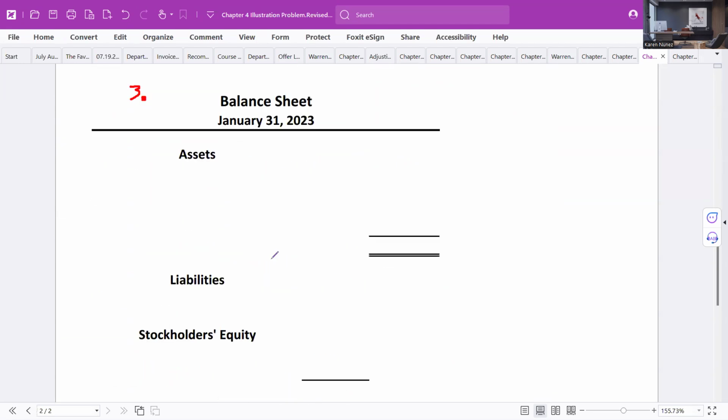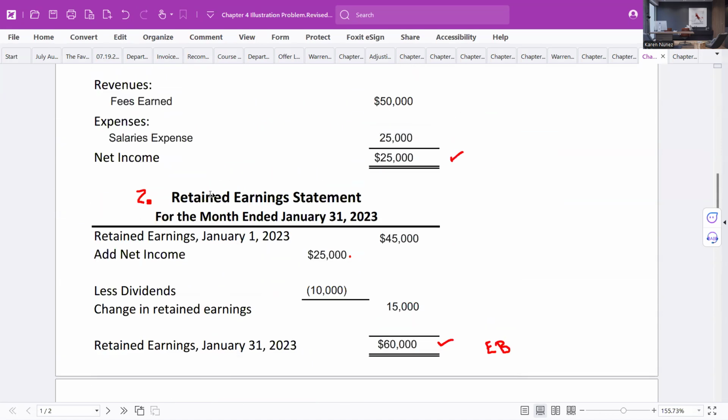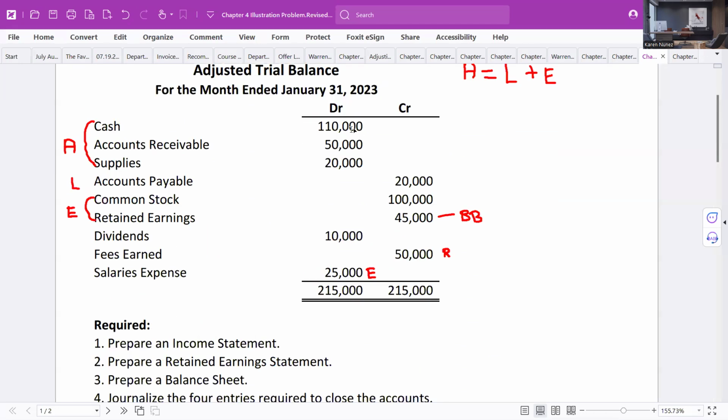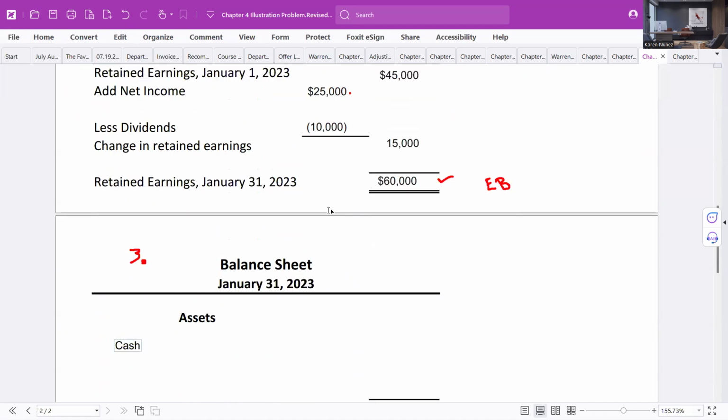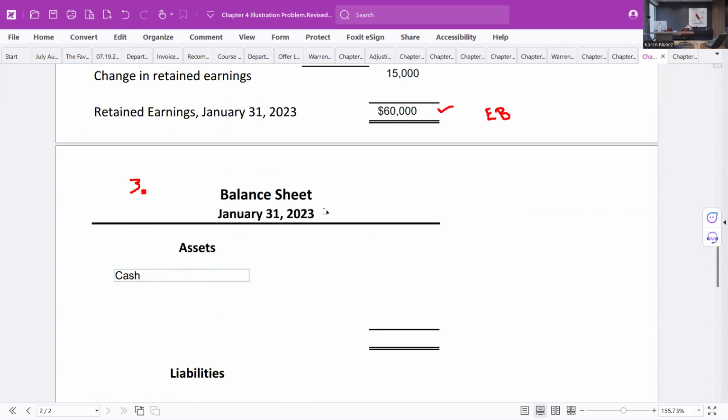So on this balance sheet, let me see if I can complete this. In the asset section, we're going to need cash. And the cash is, let's see, 110,000. And then we need the receivables and the supplies. And I'm going to try to remember what those amounts are so that I can type them in without having to scroll back up. So we've got cash of 110,000. We've got accounts receivable, 50,000, if I remember correctly.